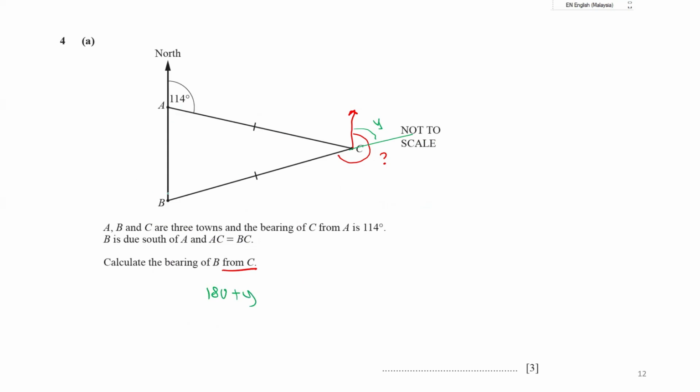So Y is equal to 180 minus 114, which is equal to 66. Okay. So this will be 180 plus 66, you should get 246 degrees.